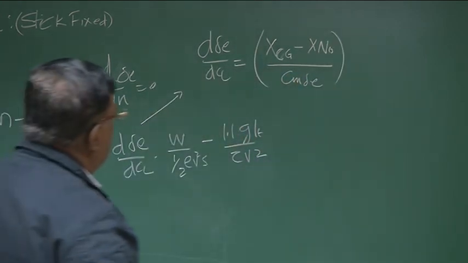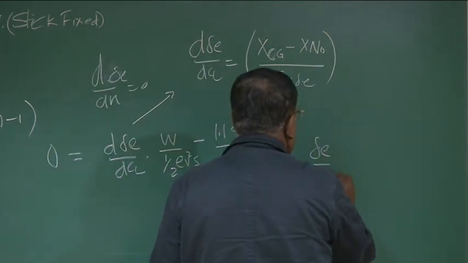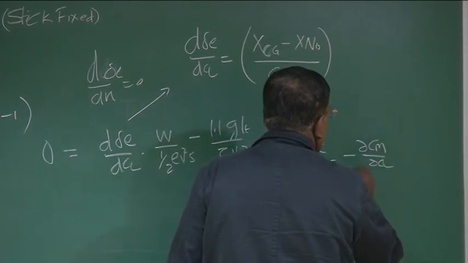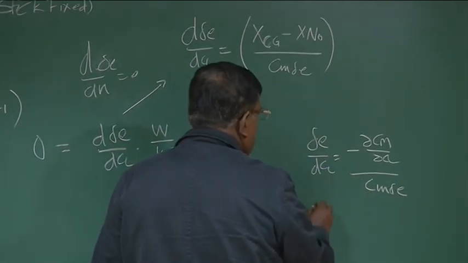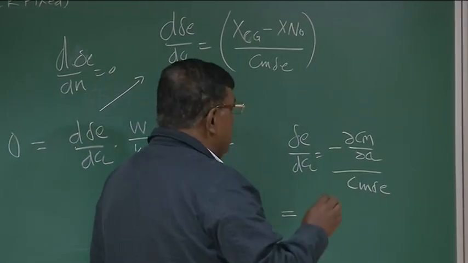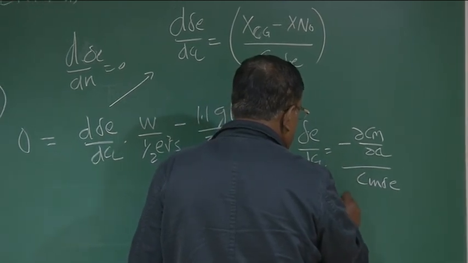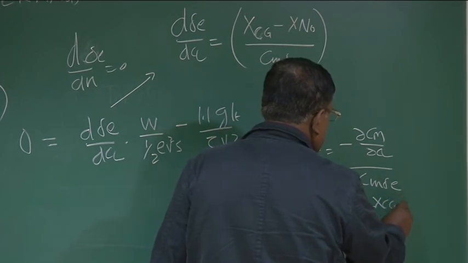Or if we are not able to comprehend, remember d delta E by dCl was minus dCm by dCl by Cm delta E, and dCm by dCl was minus static margin. So I write this static margin as x n naught, the neutral point, minus xCg.